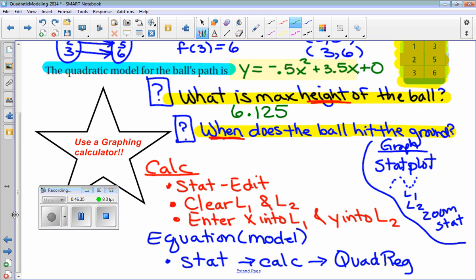Stat plot is second y equals. Make sure it looks like this, L1 to L2, and zoom stat, or you can zoom anything so you can see the top and the bottom.